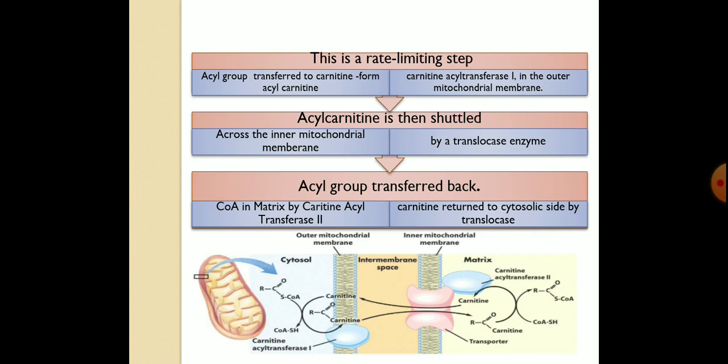Carnitine transferase 1, the enzyme present in the cytosol, carries out this transfer in the outer mitochondrial membrane. Next, acyl carnitine is shuttled across the inner mitochondrial membrane in the presence of the enzyme translocase.